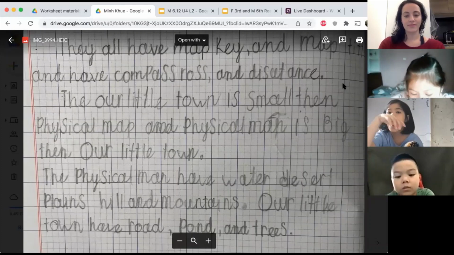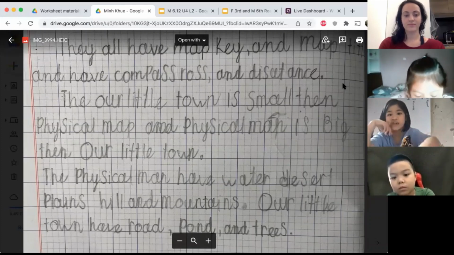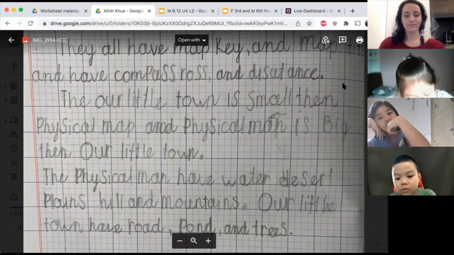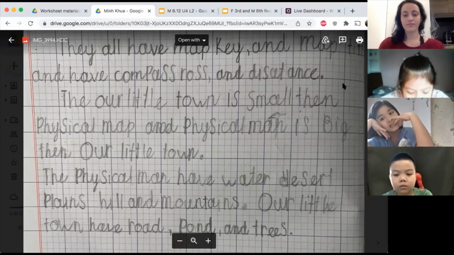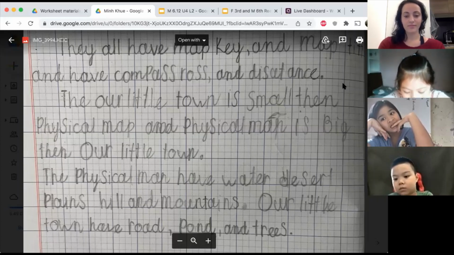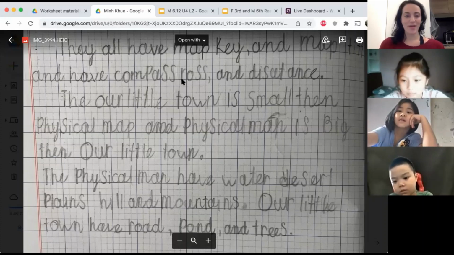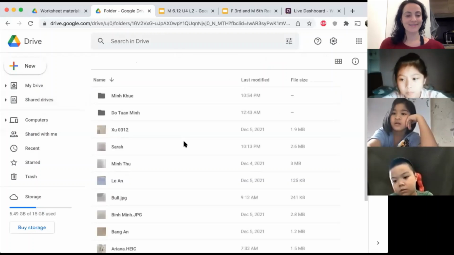Our little town is smaller than a physical map, and physical map is bigger than our little town. The physical map has water, desert, plains, hills, and mountains. Our little town has roads, ponds, and trees. Wonderful. Excellent job, Ming Kui. Very good. Thank you for reading and for sharing.